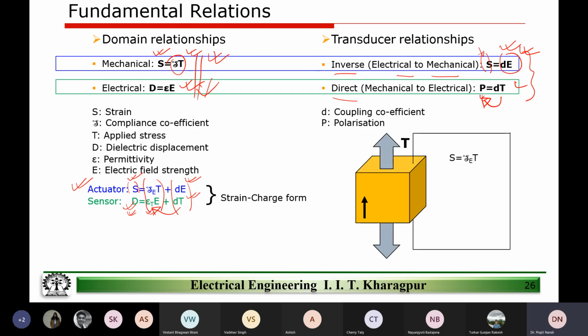And then what we discussed is how we can measure the compliance S at a given electrical condition, right? S subscript E, how we can measure. So we said that if we have a piezoelectric material with the poling direction as shown, and we are applying the stress, even without the shorting that we have shown here, if we have, let's say, 3 positive and negative charges on both sides, right?